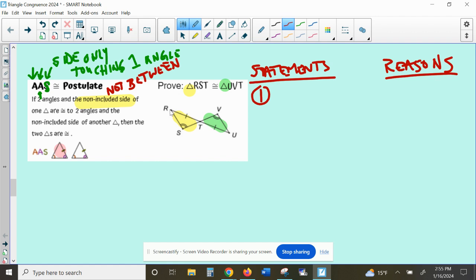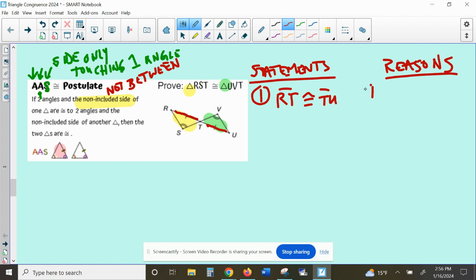So that means the segment from R to T is congruent to the segment that goes from T to U. So we've got R to T, and remember the little segment bar on top, is congruent to T to U.